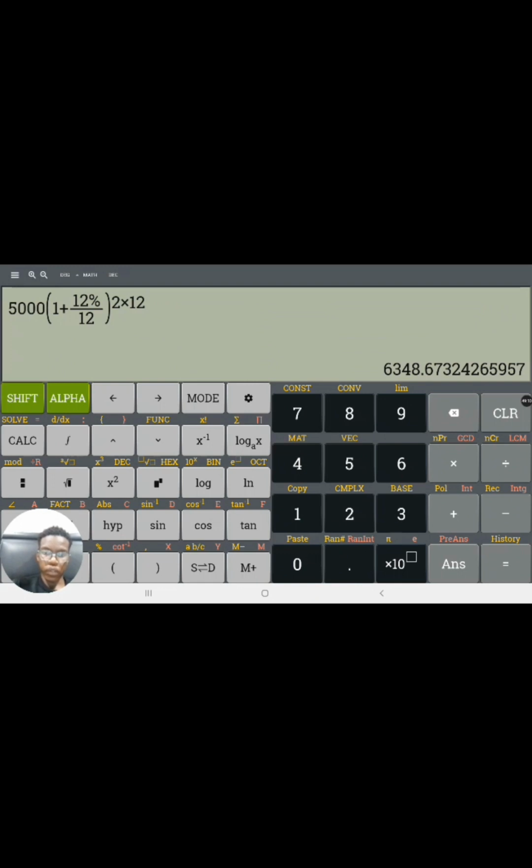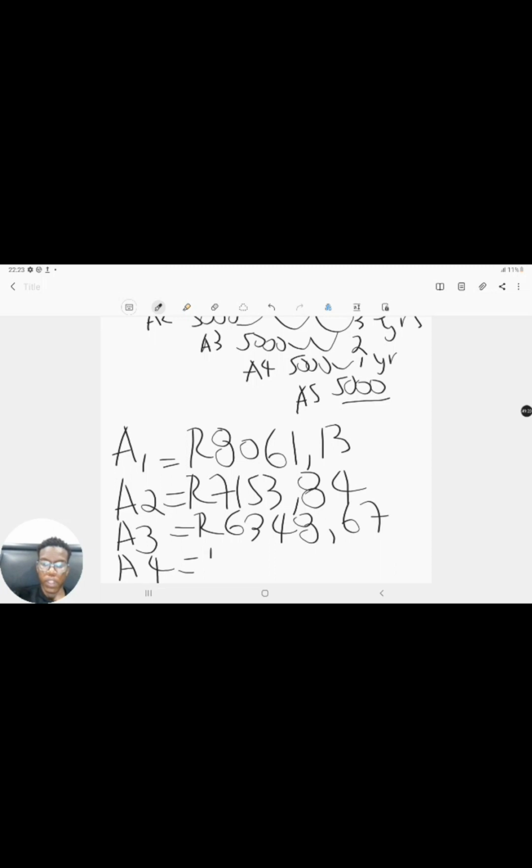That's going to be 12 there. So it's going to be 12. That's 5634.13. And then we all know that A5 is going to be 5,000.